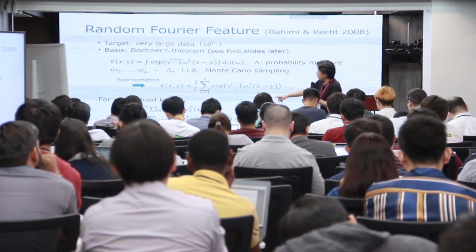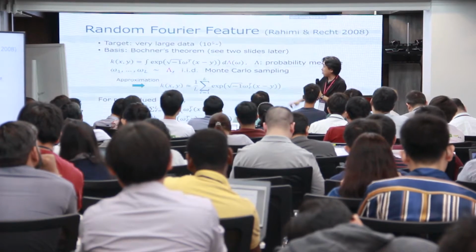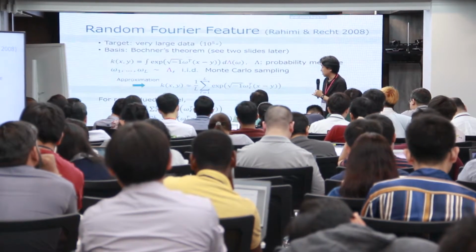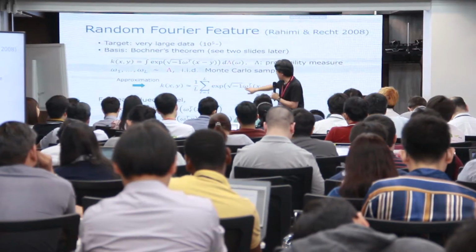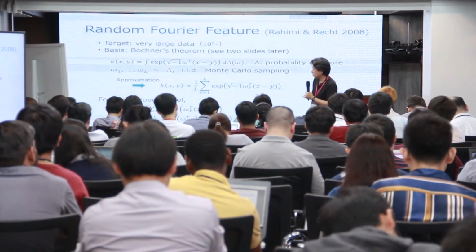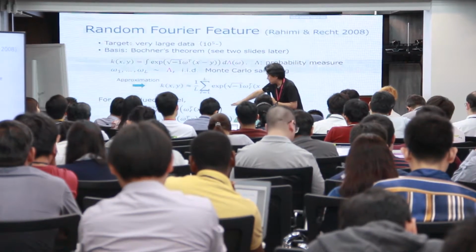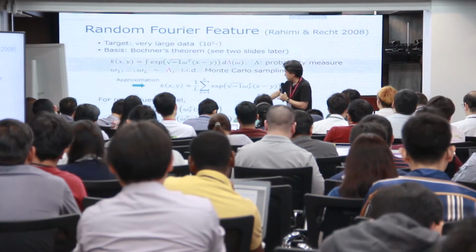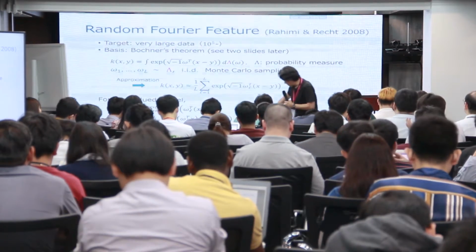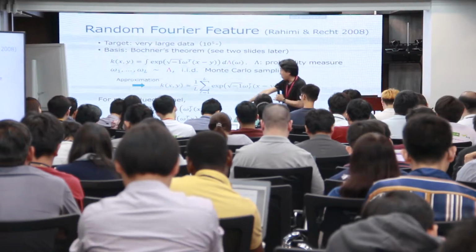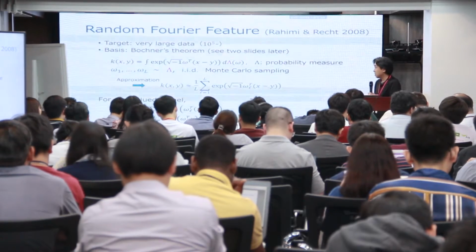And this one involves an imaginary value, it looks like. But if the kernel is real valued, we don't care about the imaginary part, and we just take the real part. And the exponential of i something is cosine plus sine. So if we break down this exponential in terms of sinusoidal functions, this is simply elementary mathematics: cosine cosine plus sine sine. Cosine omega_l x, cosine omega_l y, plus sine omega_l x, sine omega_l y.